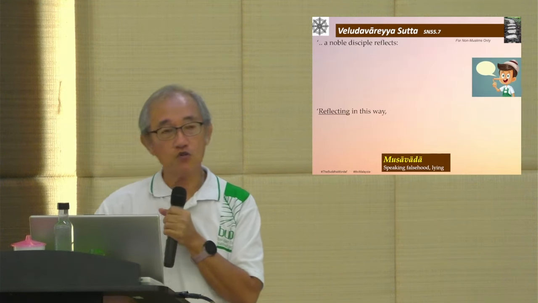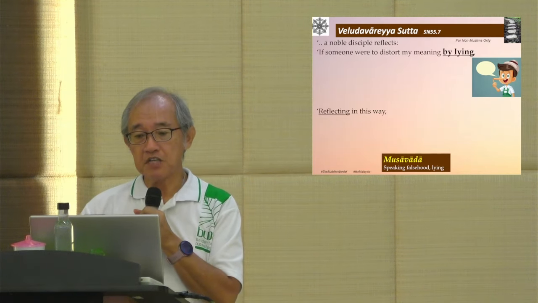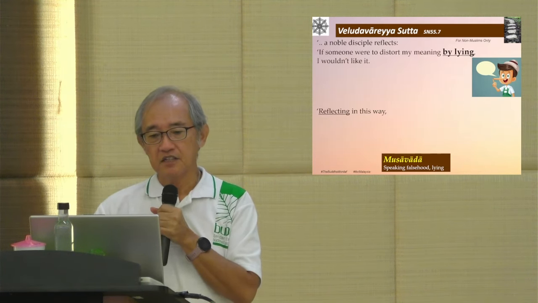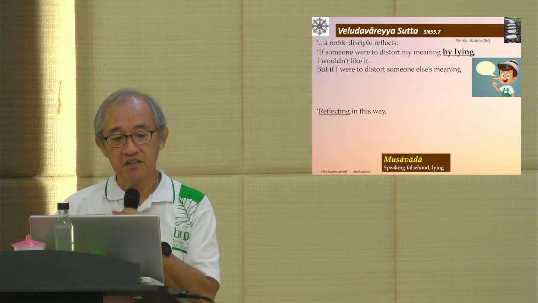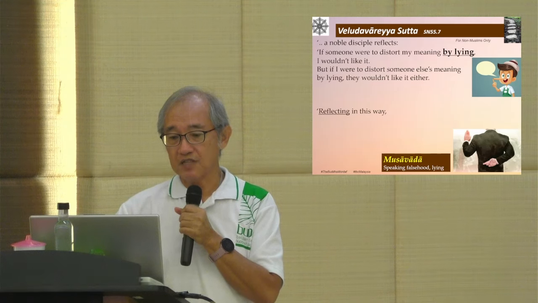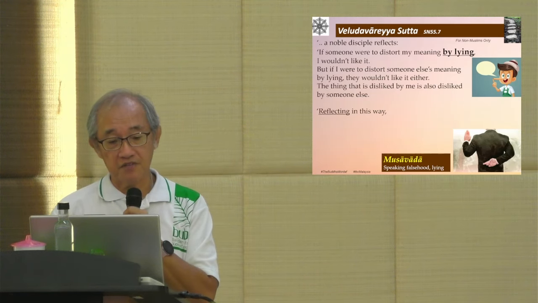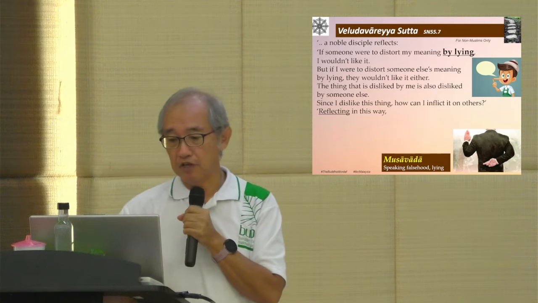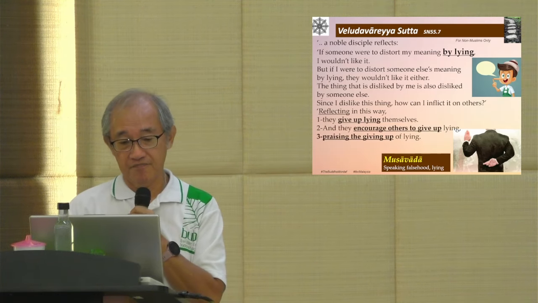Musavada is speaking falsehood or lying. If someone were to distort my meaning by lying, I wouldn't like that. But if I were to distort someone else's meaning by lying, they wouldn't like it either. So the same logic goes through. They themselves give up lying. They encourage others to give up lying, and they praise the giving up of lying.